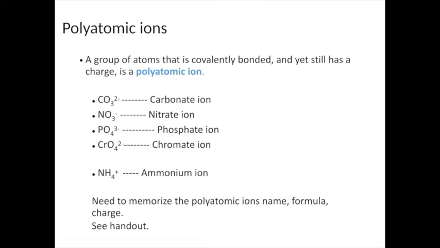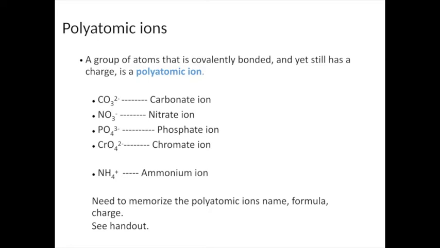Just to give you some examples: carbonate ion is 1 carbon, 3 oxygen with an overall -2 charge. The nitrate ion is 1 nitrogen, 3 oxygen with an overall -1 charge. Phosphate has 1 phosphorus, 4 oxygen with an overall -3 charge. And chromate has 1 chromium, 4 oxygen with an overall -2 charge.